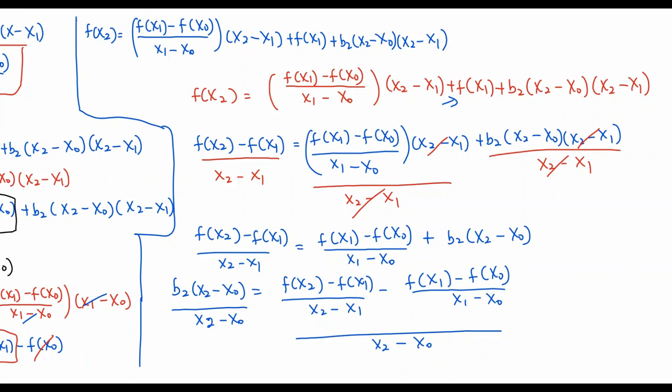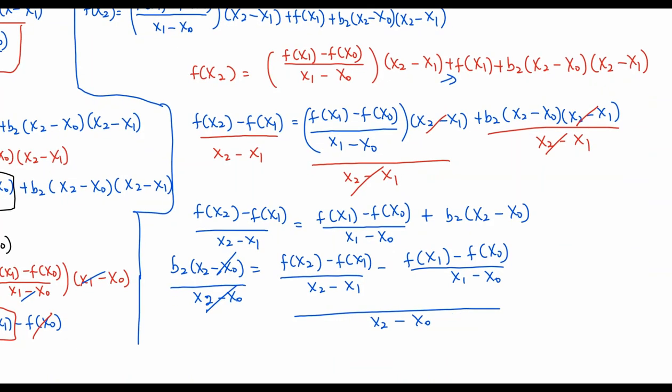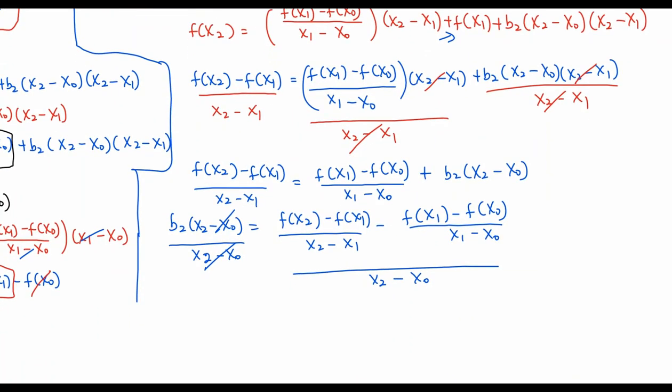Okay, so this is what you are going to have. This will cancel out this. So let's look at what you are going to get for b sub 2. We can say that b2 will be equal to f of x2 minus f of x1 over x2 minus x1, minus f of x1 minus f of x naught over x1 minus x naught.